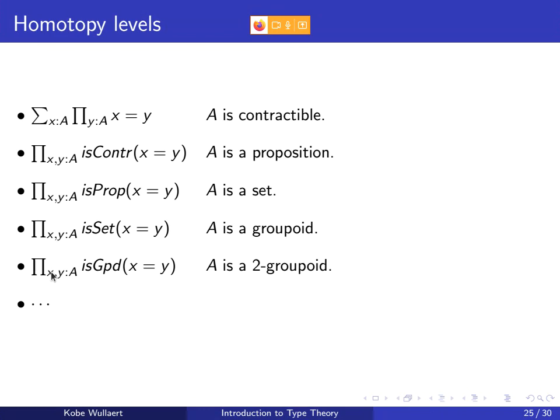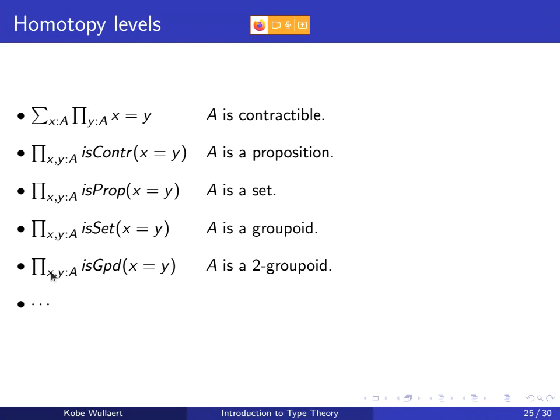If A is contractible, it is in some sense equivalent to a type with only 1 point. If something is a proposition, it is either equivalent to a type with 1 point or with 0 points. And we can apply this again to the identity type, and then you have that A is a set, or a 0-groupoid, because you just have different endpoints.